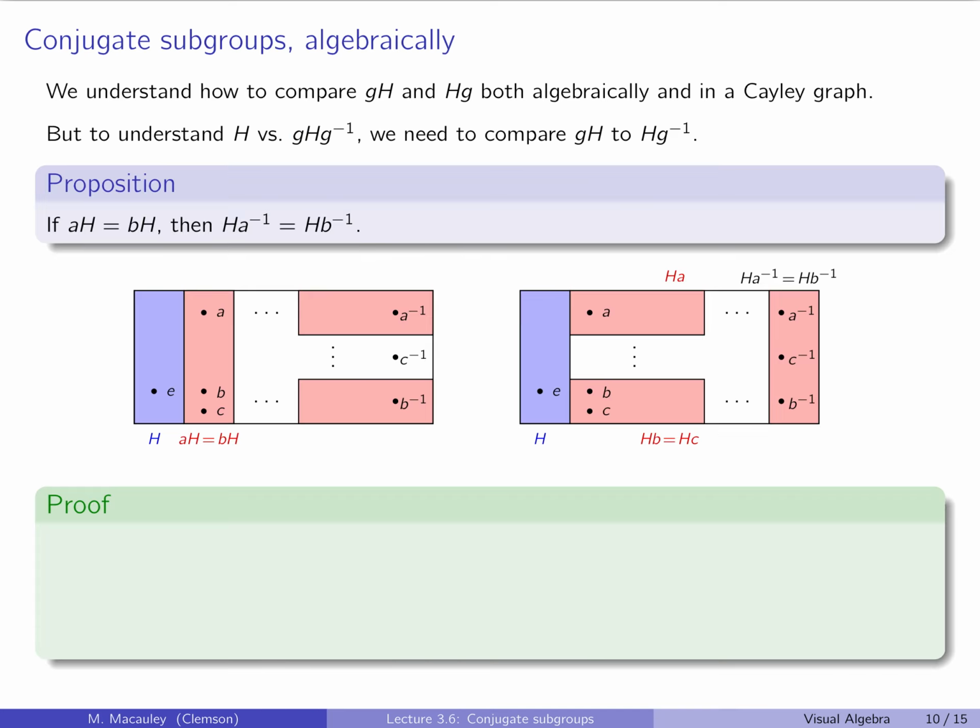Let's prove a basic proposition. If we have the equality of left cosets aH and bH, then we must have the equality of the right cosets Ha inverse and Hb inverse.